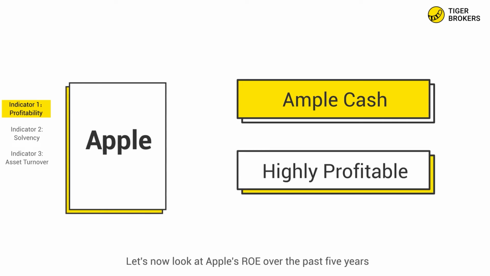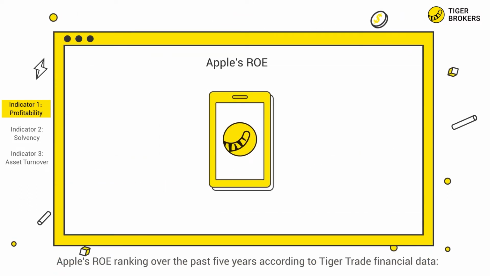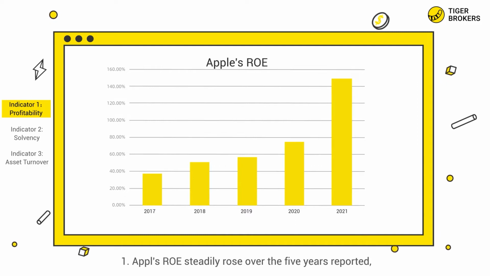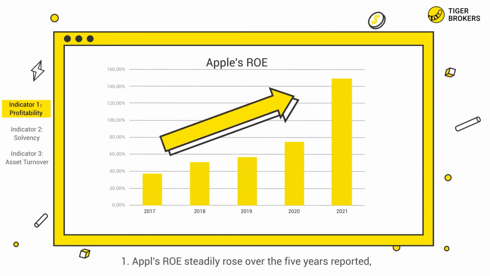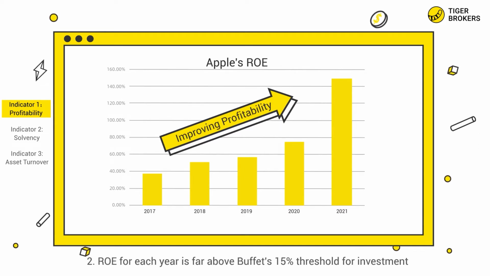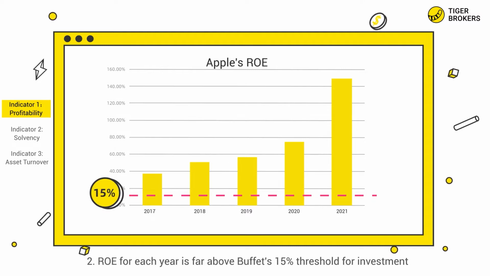Let's now look at Apple's ROE over the past 5 years. Apple's ROE ranking over the past 5 years according to TigerTrade financial data. From this table, we can draw the following 2 conclusions. 1. Apple's ROE steadily rose over the 5 years reported, indicating improving profitability. 2. ROE for each year is far above Buffett's 15% threshold for investment.